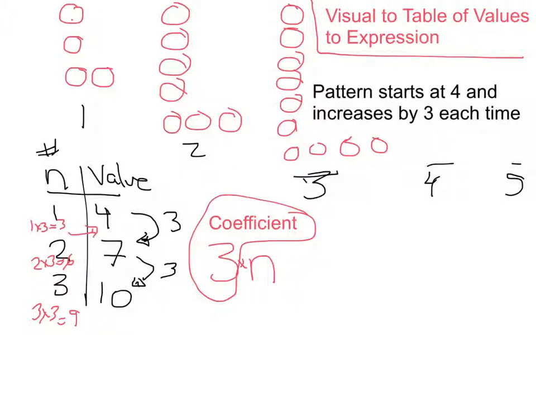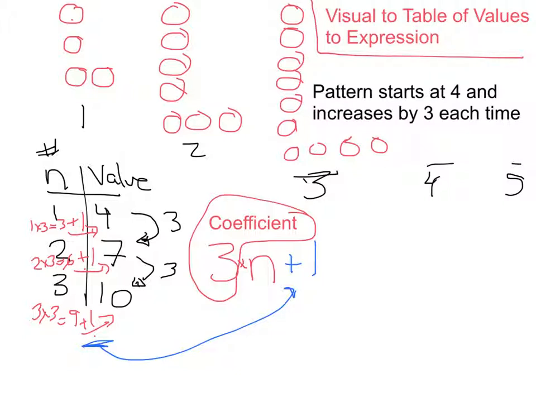How does 3 become a 4? How does 6 become a 7? And how does 9 become a 10? When you first start this, depending on the pattern, you might see a couple options, but what should start to happen is the same answer will happen each time. So 3 becomes a 4 when I add 1, 6 becomes a 7 when I add 1, and 9 becomes a 10 when I add 1. So I know that constant, that thing that's happening every single time, is plus 1.